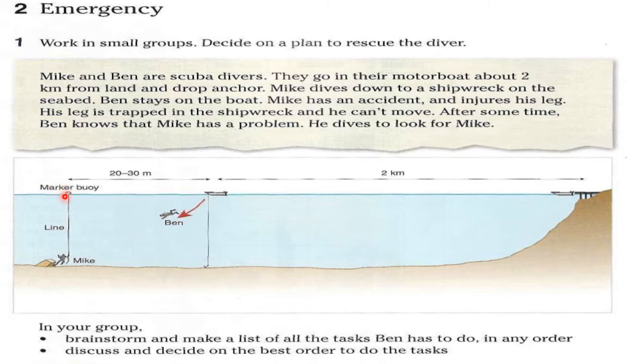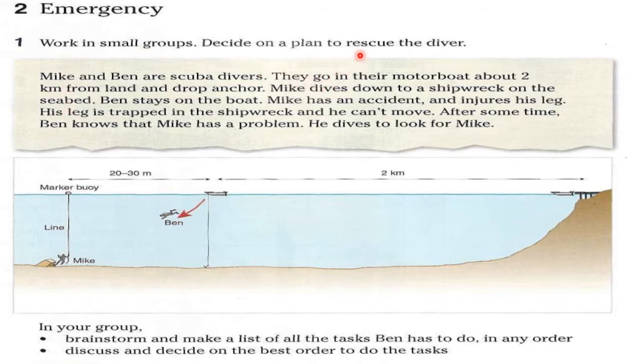To the left we have a mark buoy. It's a mark. It's a buoyant mark, like a balloon might be. And here at the bottom we have Mike, and Mike looks to be in trouble. This is a shipwreck.